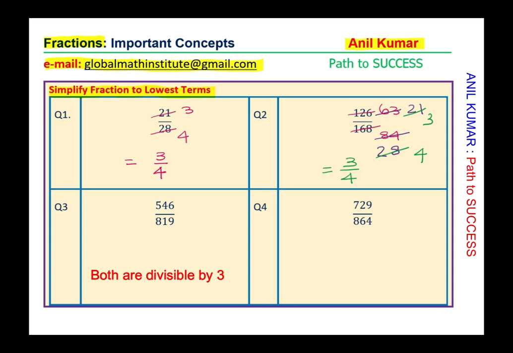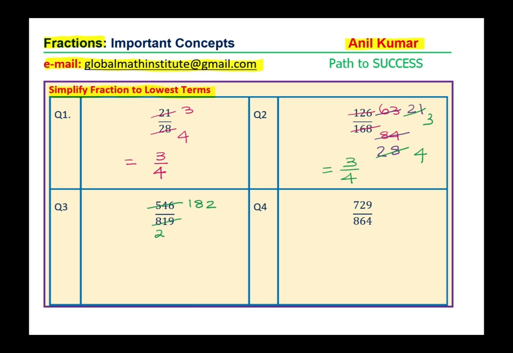But let's begin by dividing by 3. Dividing 546 by 3, we get 182, and in the denominator, 819 divided by 3 is 273.